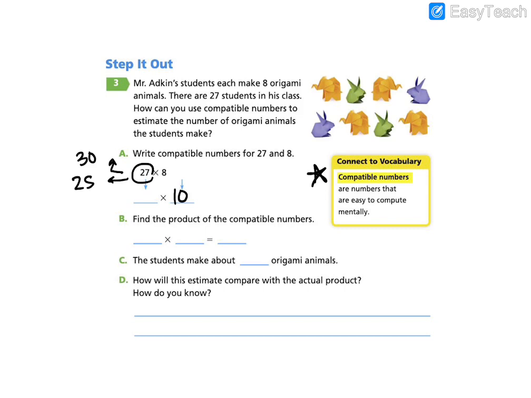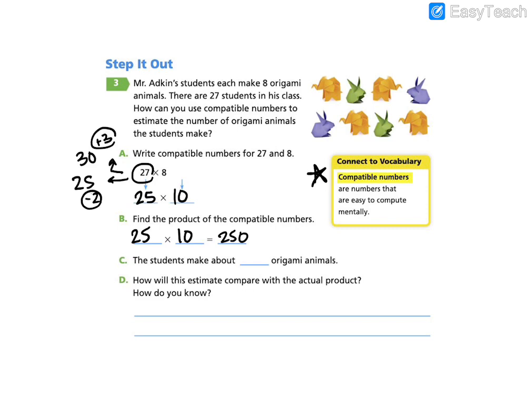So for the purpose of this problem, 30 is 3 more than 27. 25 is only 2 less. So 25 is going to be a closer number. So we're going to go ahead and use 25. All right, so we need to find the product of 25 times 10. 25 tens is equal to 250.